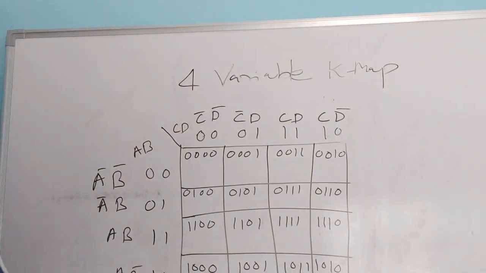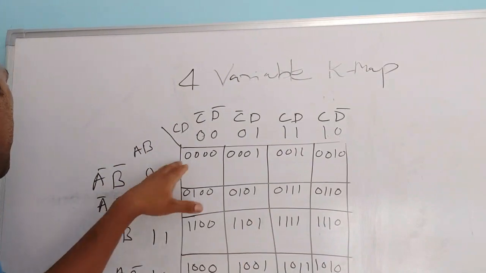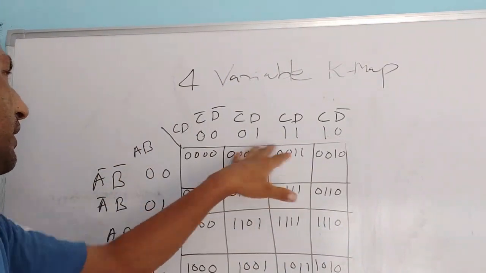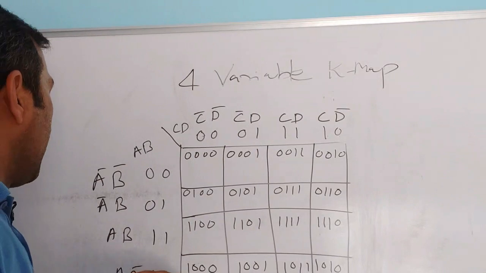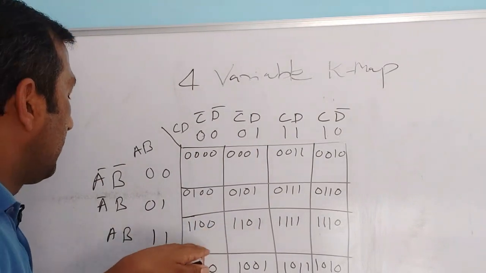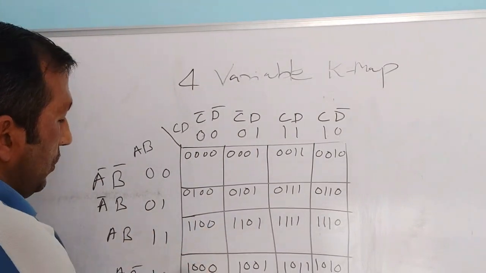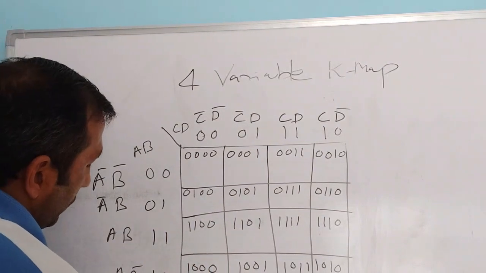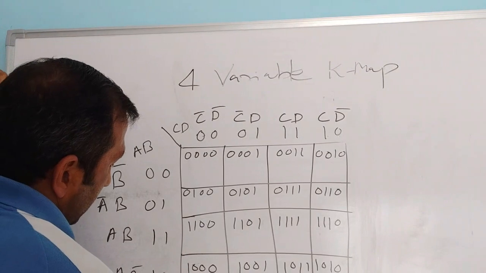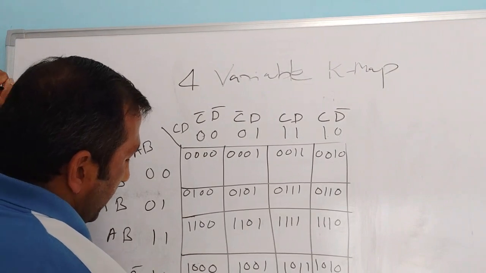Okay, now by looking at this, you can fill those A, B, C and D over here in that form. Let's take an example of this number. What should be the gray coding over here? As I told you, just convert this binary into decimal.